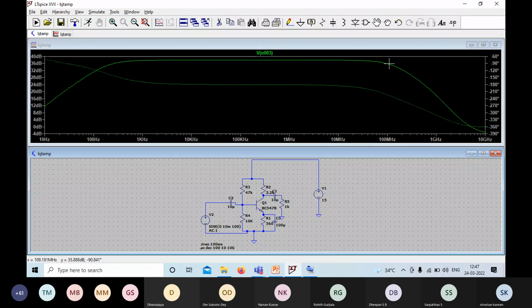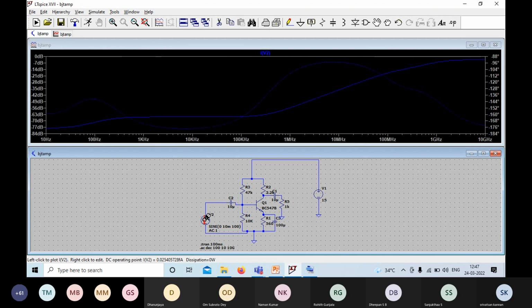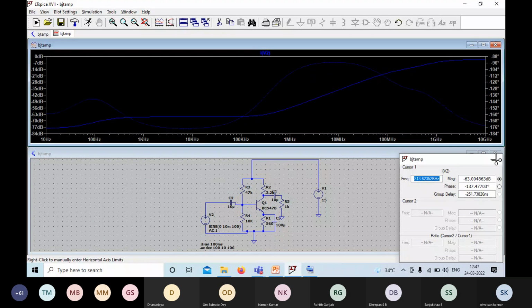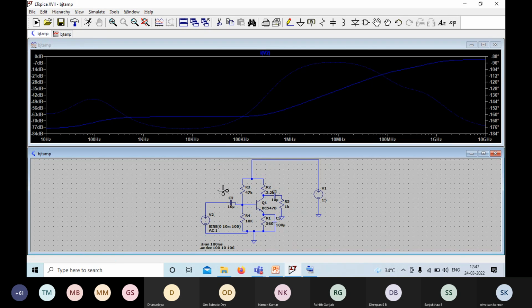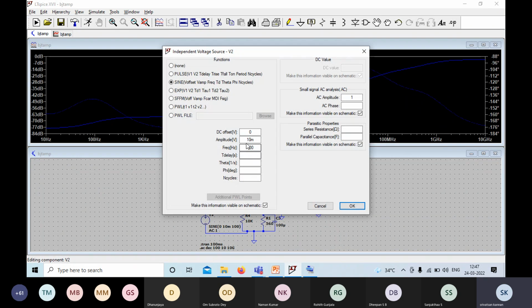Yes, sir. So let us see the effects if I change this input to 100 millivolt.